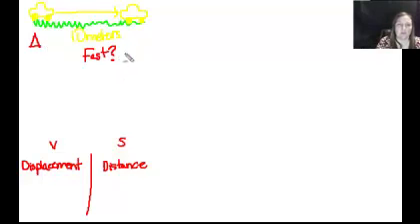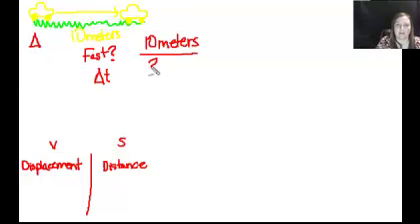So when we look for how fast something went, we're really looking for the change of movement over time. We're looking for the change in distance and the change in time. So our car moved 10 meters, and let's pretend it did that in 2 seconds.